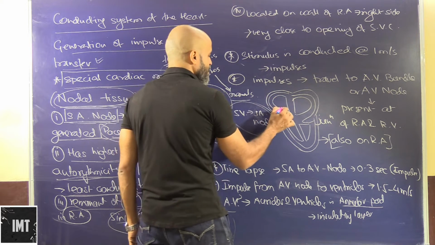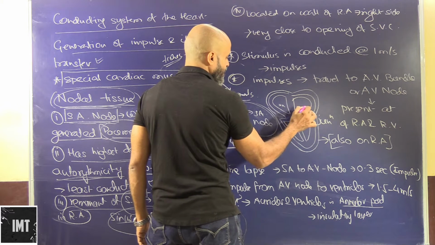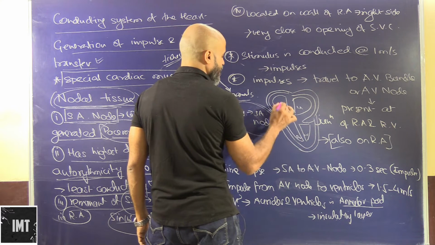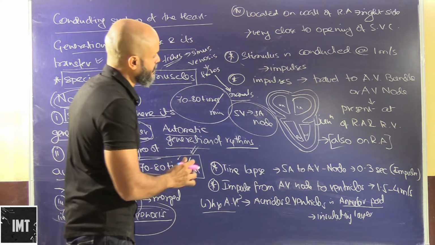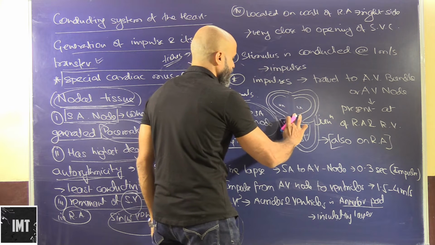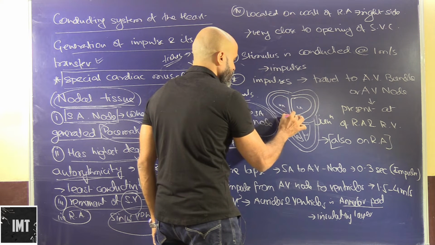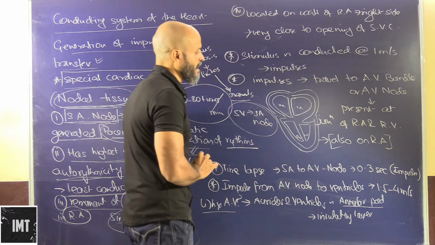So this is the right atrium, left atrium, right ventricle, left ventricle. Okay, this is how the heart would look.